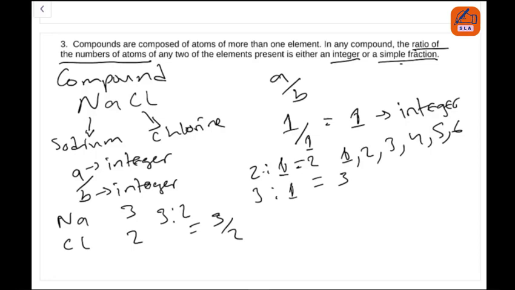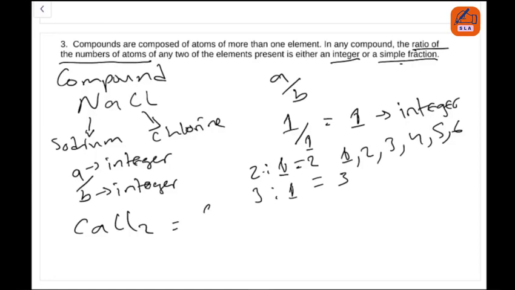Or here we can have an even better representation from calcium chloride, which has a fraction. We have calcium chloride. So you have 1 calcium and 2 chlorides. So the ratio here is 1 to 2, which is equal to half. So this one here is a simple fraction.